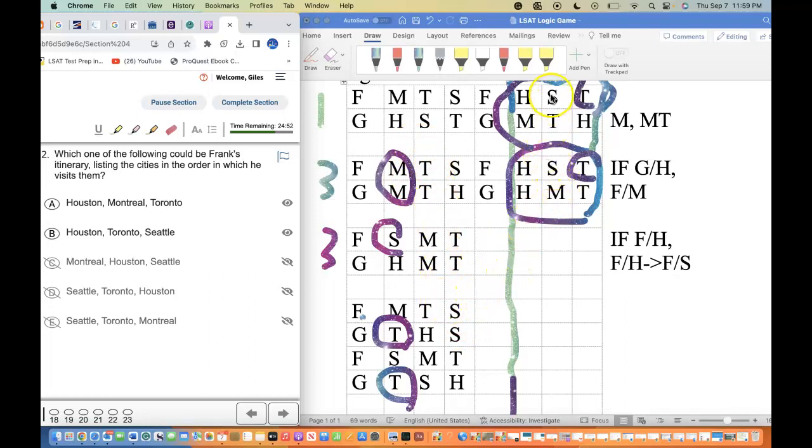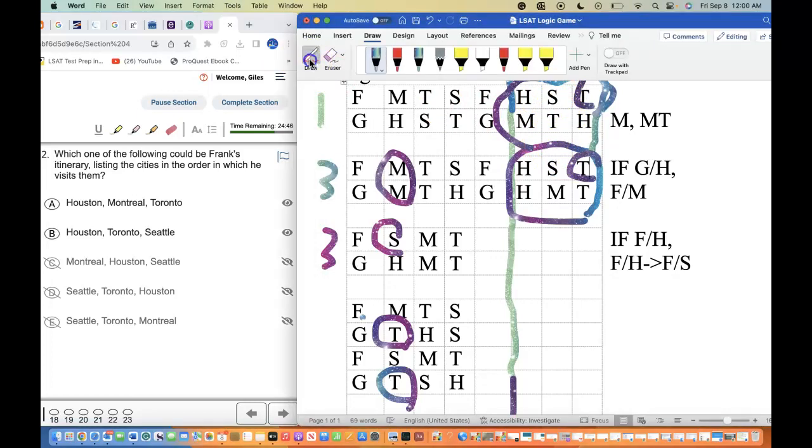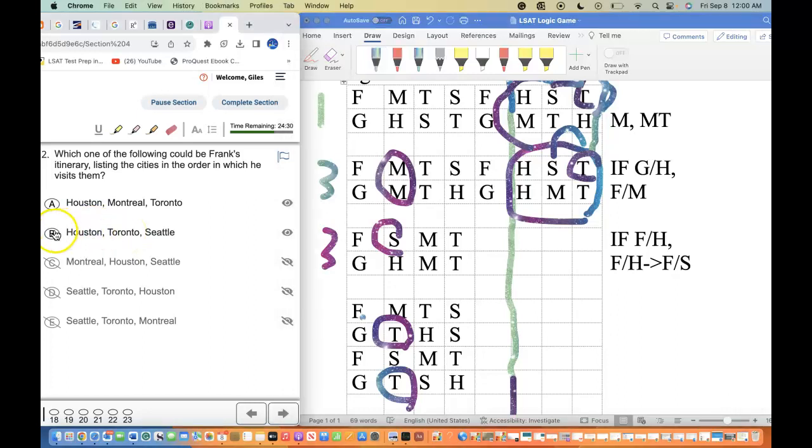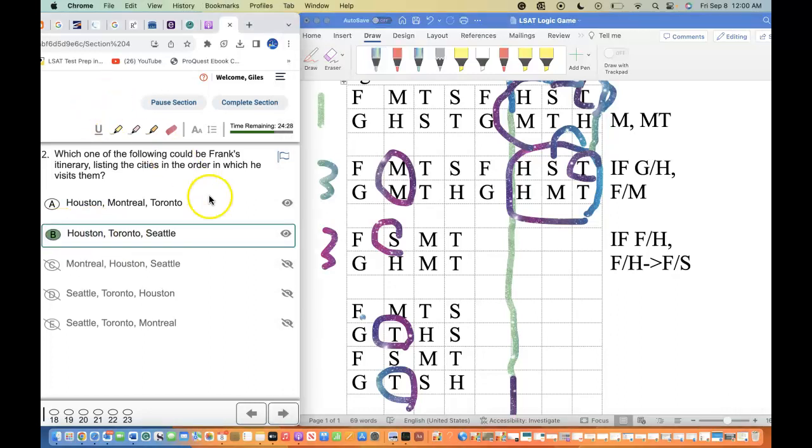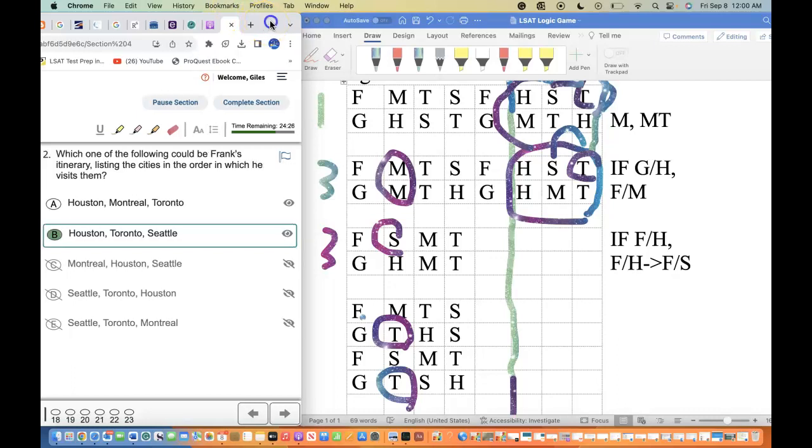Okay, HTS I can see here. And we have the ability, if I can go ahead and show you right now, to go back and forth and rotate on the S and T, which puts T in the middle. So technically, yeah, we could put HTS. And we got that one correct.